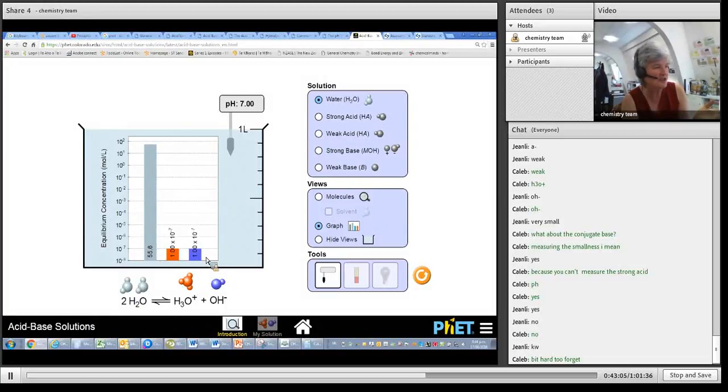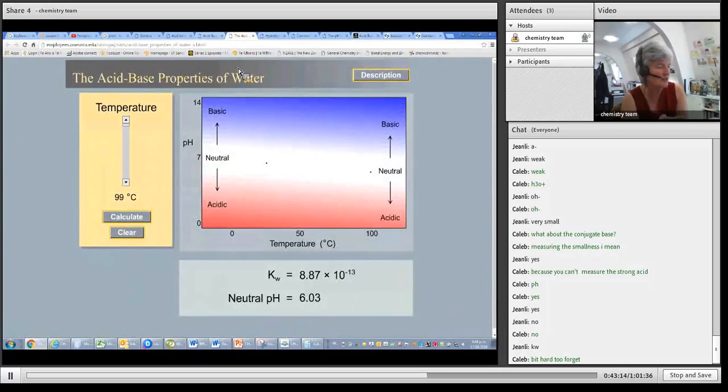Okay, so going back, this is interesting. I just put this for interest. Remember we were talking about a particular temperature. If we do room temperature, which should be 25, and calculate, then my pH, there can you see Kw, it's around about 1 times 10 to the minus 14.